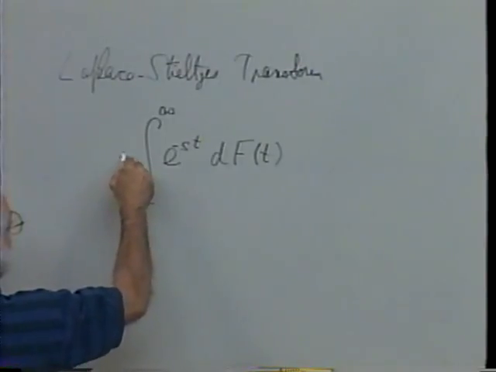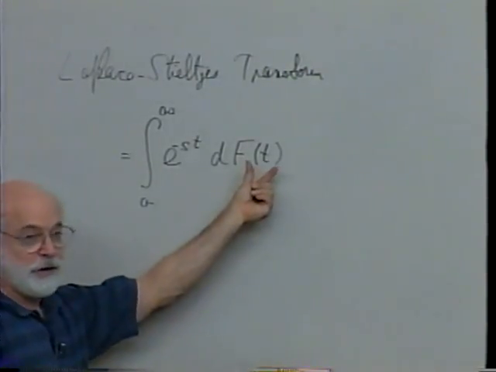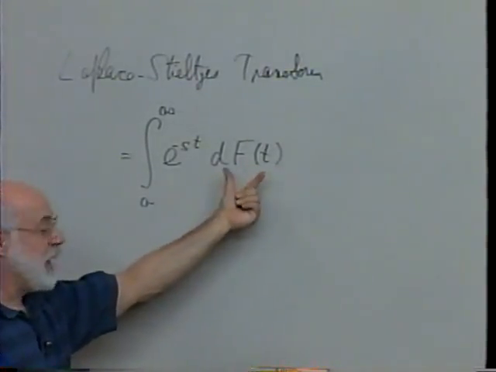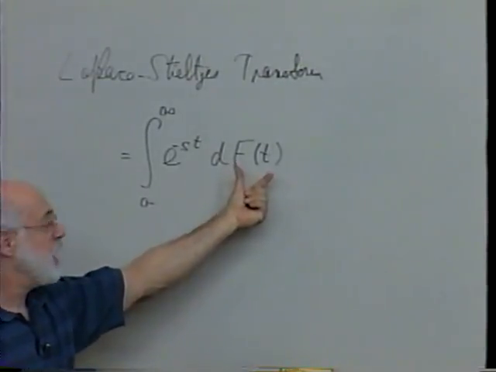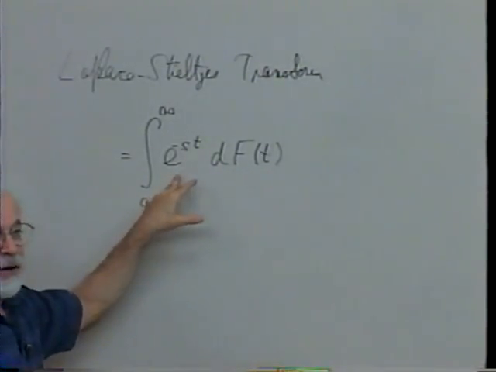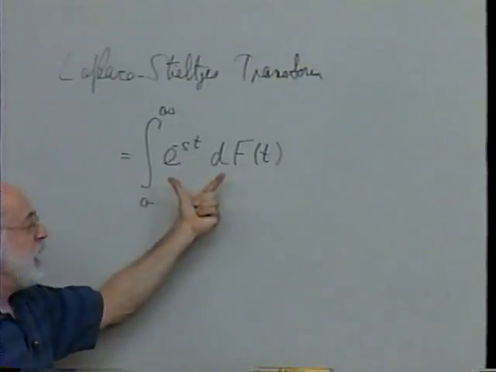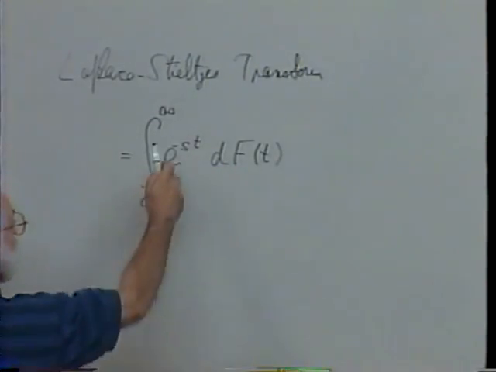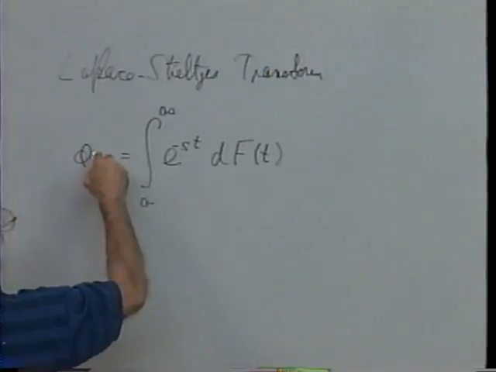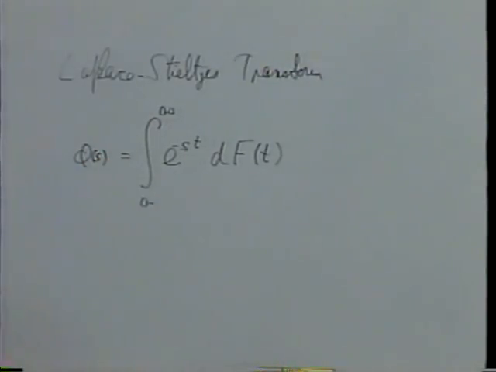Now, if you tell me a distribution function, I can actually do this arithmetic, multiply by e to the minus st, and evaluate it, and I'm going to get an answer that's a function of this s. That's the so-called dummy variable.